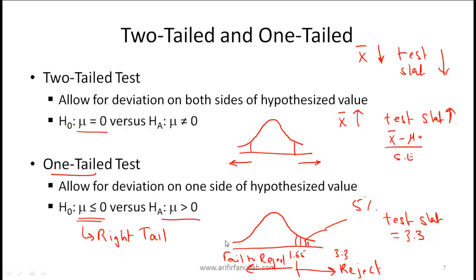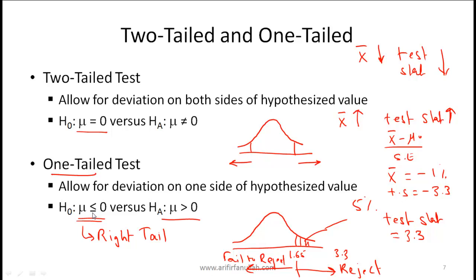Just to understand this a little better, had your x bar been equal to -1%, then we would have gotten a test stat equal to -3.3, way to the left, and clearly then we would not be able to reject the null hypothesis that mu naught is equal to 0.